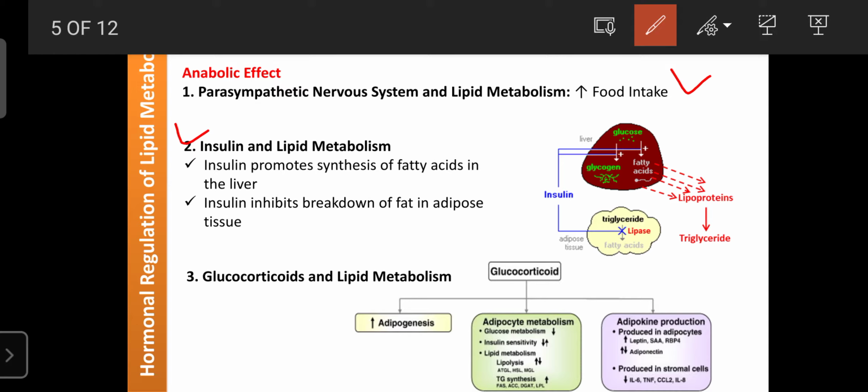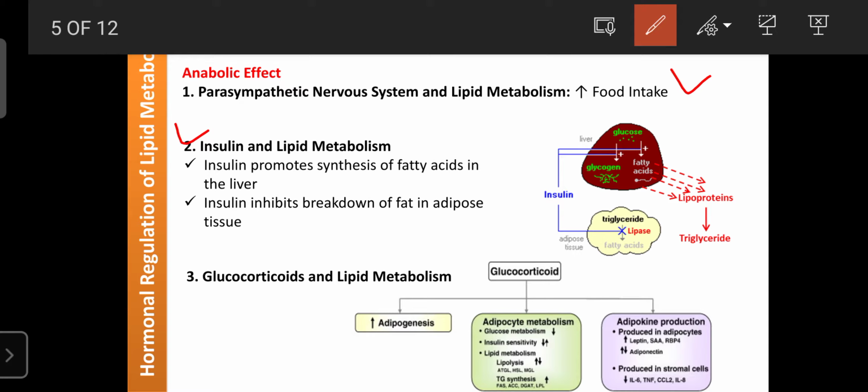It is released when the blood sugar level increases, from the beta cells of the pancreas, and it decreases the sugar level. But on the other side, insulin also participates in lipid metabolism by promoting the synthesis of fatty acids in the liver.